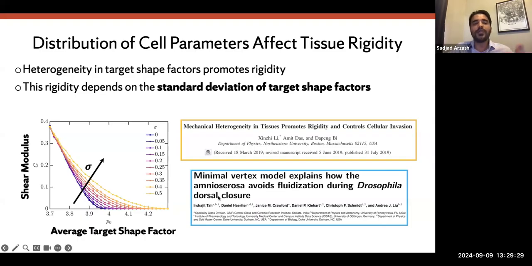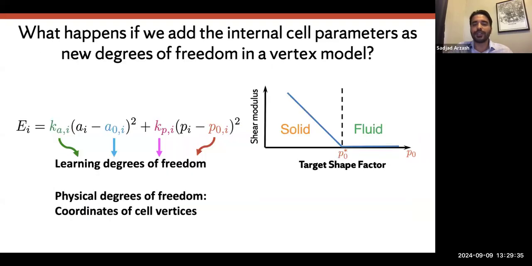So since we know not only the average, but also the fluctuations of these shape factors are important, the question is, if I just add these shape factors or stiffnesses as new degrees of freedom, and I let cells tune these variables, can I use these new variables to actually fluidize the system?